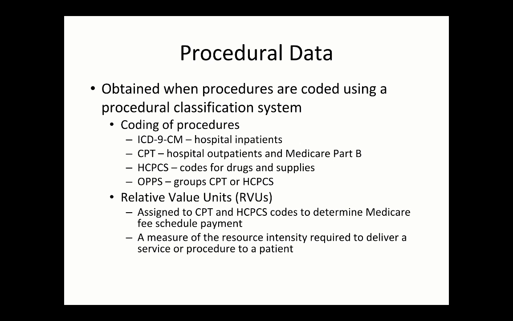The Centers for Medicare and Medicaid Services has a coding system that supplements CPT called Healthcare Common Procedure Coding System, otherwise known as HCPCS, which we use with Medicare beneficiaries in codes for drugs and supplies. Finally, the Outpatient Prospective Payment System, the OPPS, groups CPT or HCPCS codes to an outpatient case using what's known as the Ambulatory Payment Classification, or APCs.